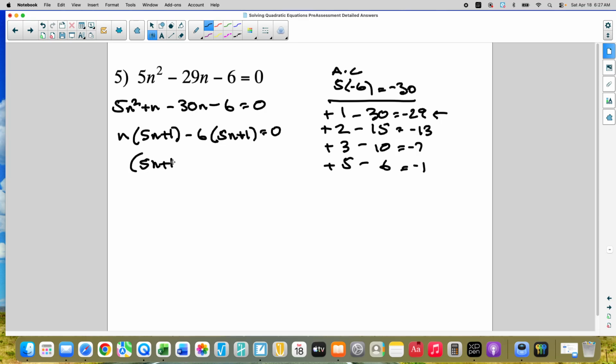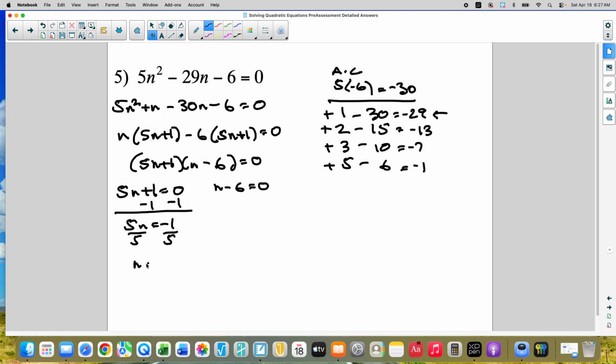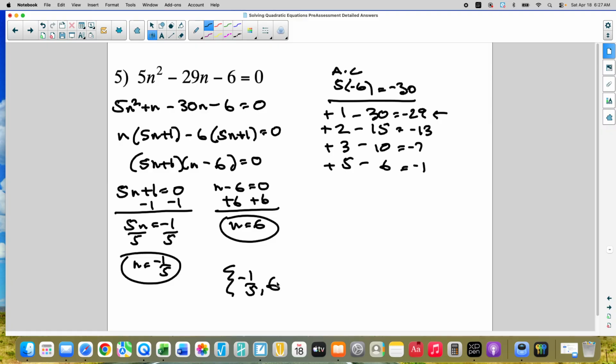So (5n plus 1)(n minus 6) equals 0. 5n plus 1 equals 0. n minus 6 equals 0. Minus 1. Divide by 5. Add 6. -1/5 and 6 are the two solutions.